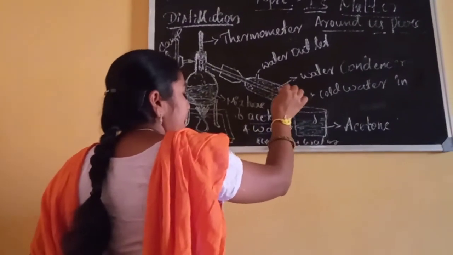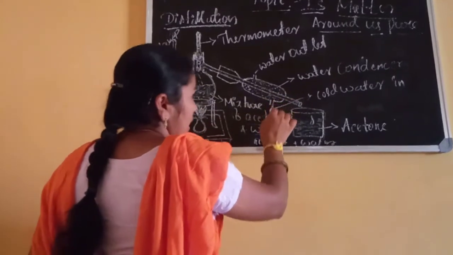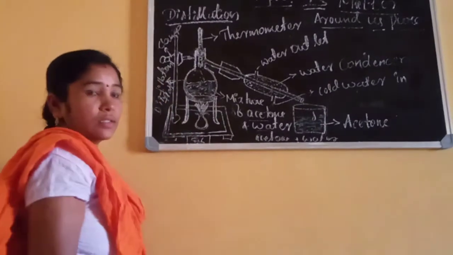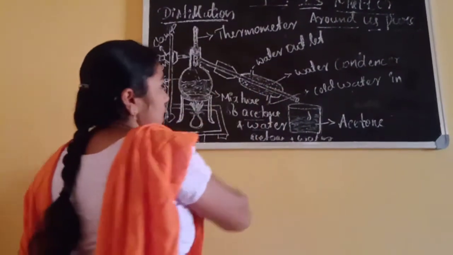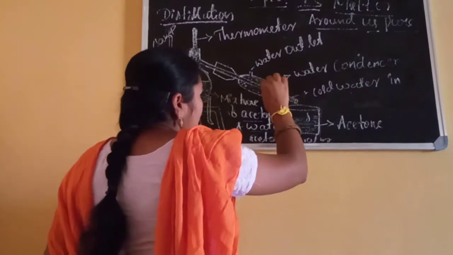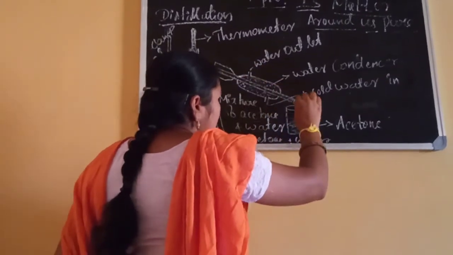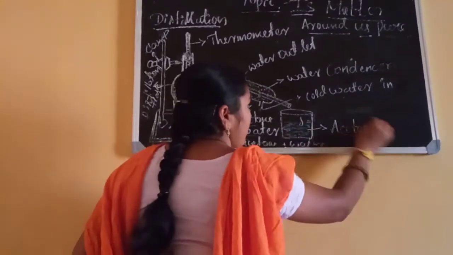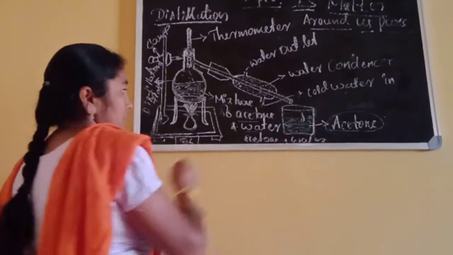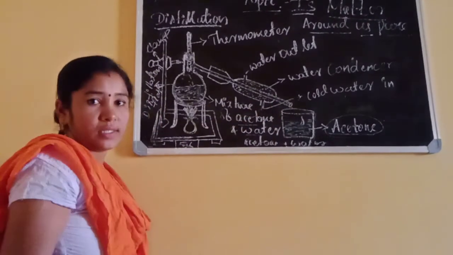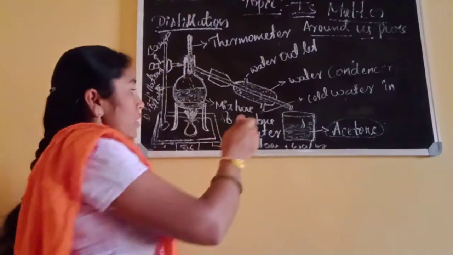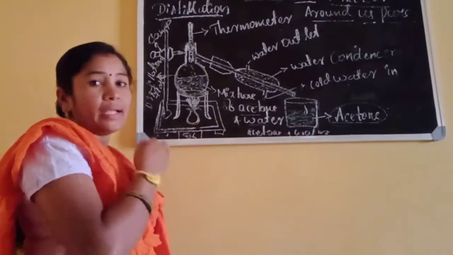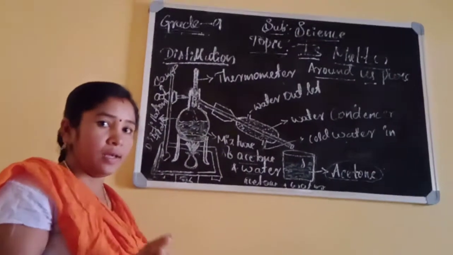The cold water inlet and cold water outlet, through these openings the water will come out. Then acetone will come through this tube and can be collected in another container. Here we get acetone, and here we get water. Like that, from the mixture of water and acetone, we can separate both acetone and water.